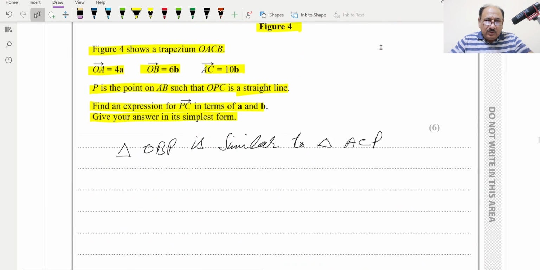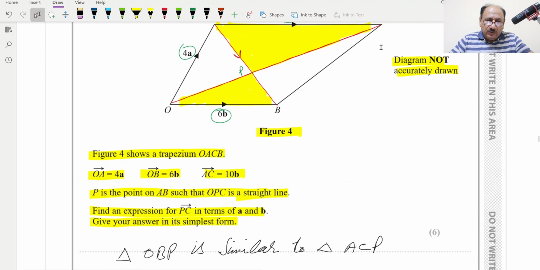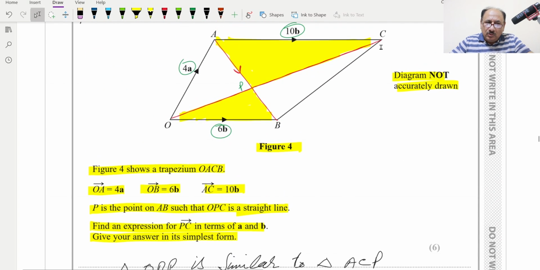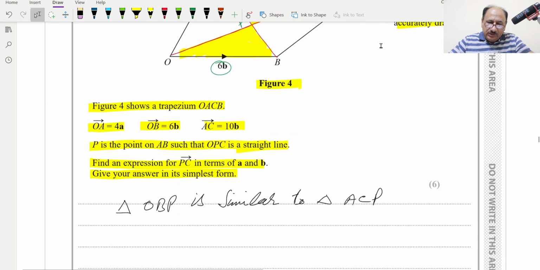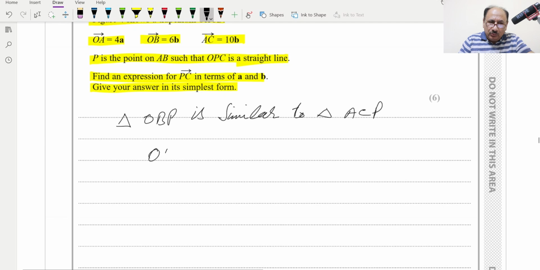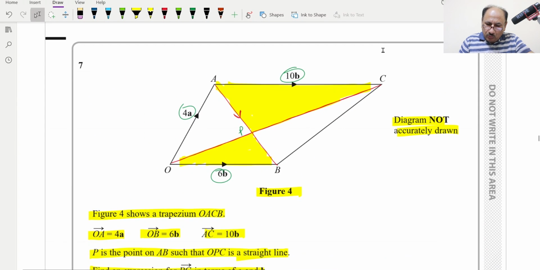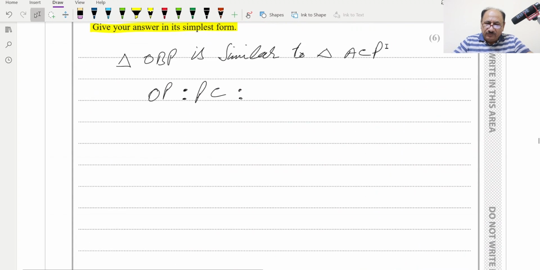Next we can write OP ratio PC will be equal to the ratios between the other sides. OP is one side of the triangle and PC is one side of the other triangle. So their other sides like 6 and 10 will be having the same ratio.